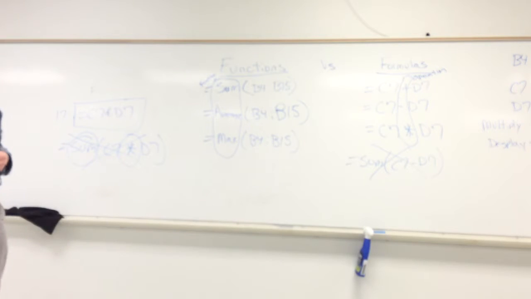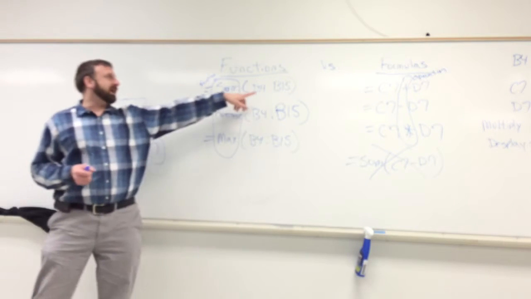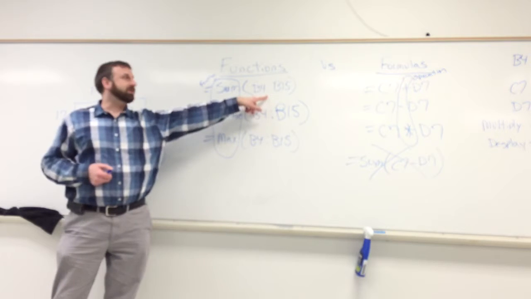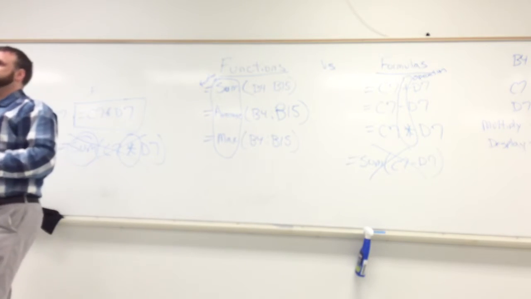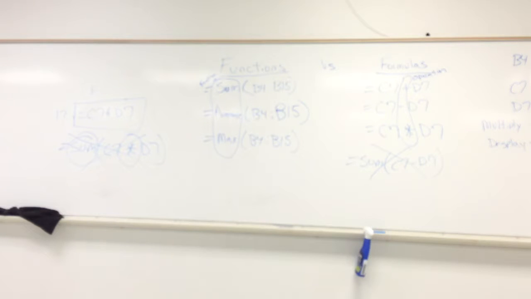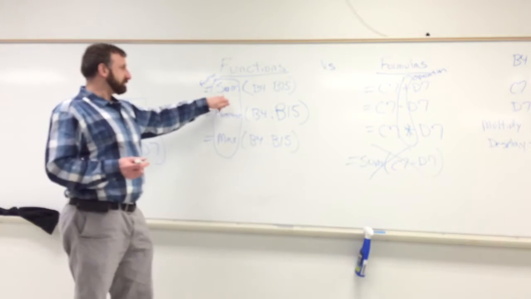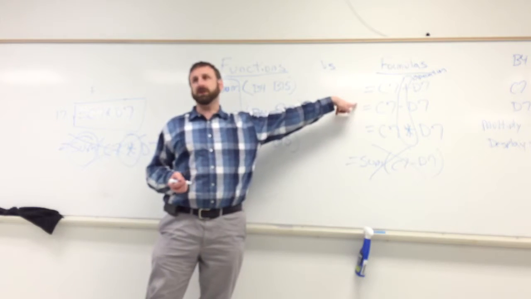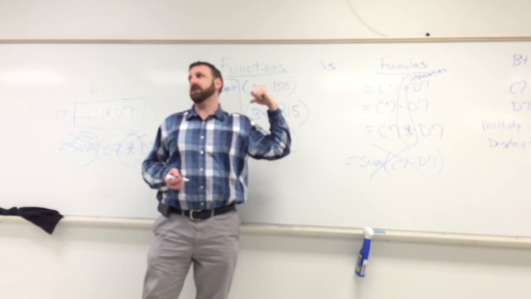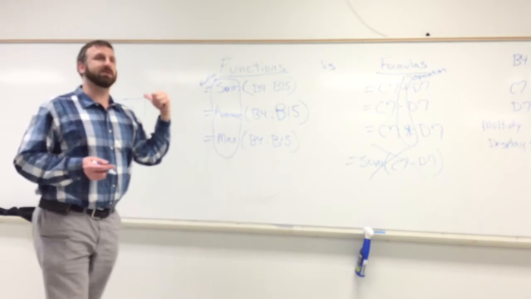Sometimes you'll see in your activities, it'll say, add the range B4 through B15. And it says, don't include individual cell references, which means we can convert this function into a formula by using individual cell references, but it doesn't want you to do that.